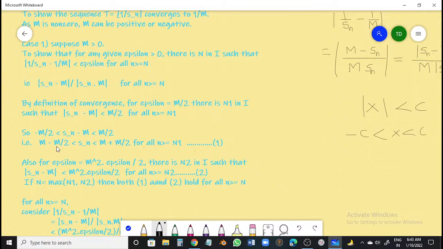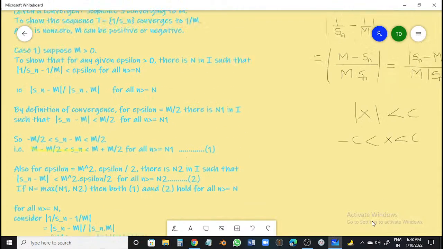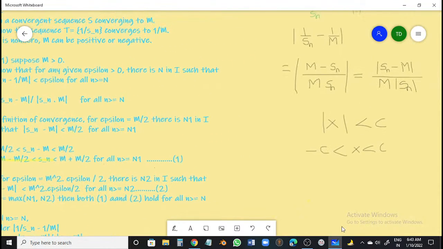So m minus m by 2 is smaller than Sn, means m by 2 is smaller than Sn. This fact we are going to make use of here. So let us highlight. Alright. Now let us go next. We have taken care of this mod Sn here, saying this mod Sn is greater than m by 2.